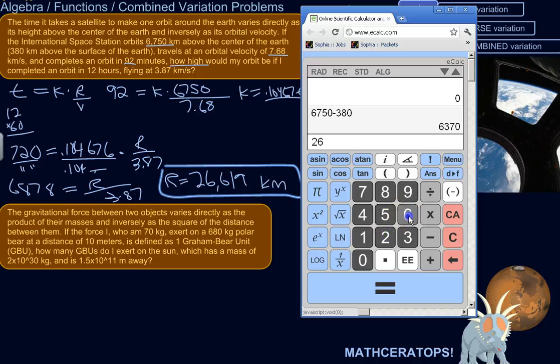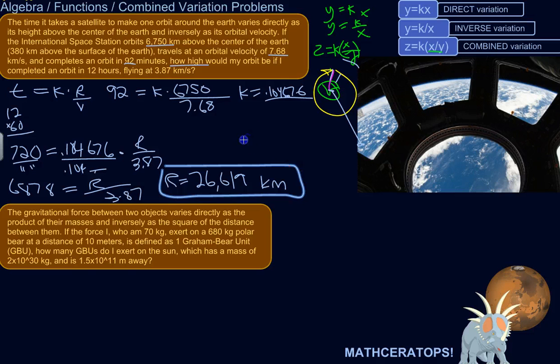So I could take my distance from the center of the Earth and subtract the radius of the Earth, and I'm about 20,249 kilometers up. So my altitude is 20,249 kilometers.